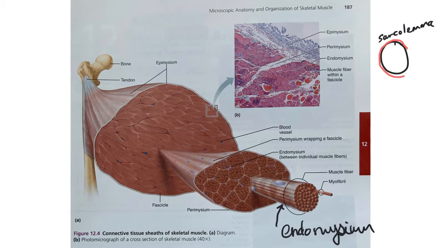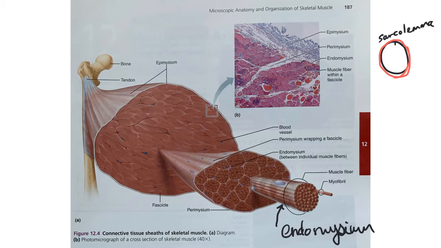Then wrapped around it we have the endomysium. The endomysium contains satellite cells. It's a conduit to make sure we get adequate circulation. And those myosatellite cells are really good at repairing those muscle fibers.